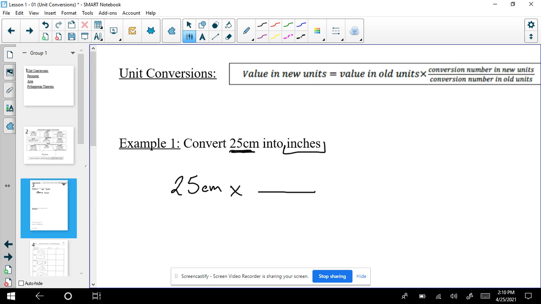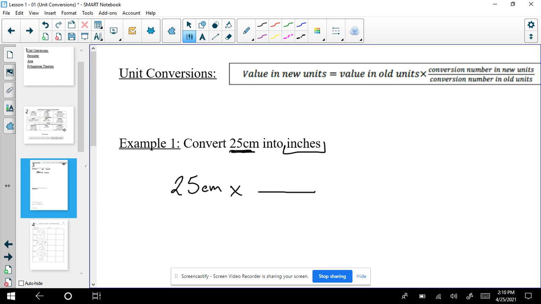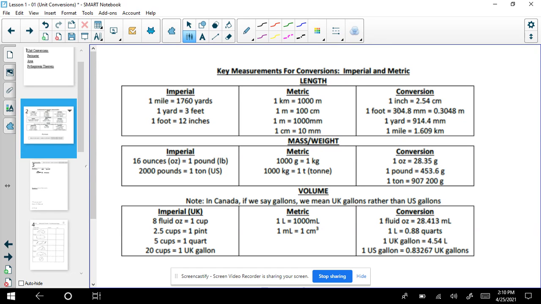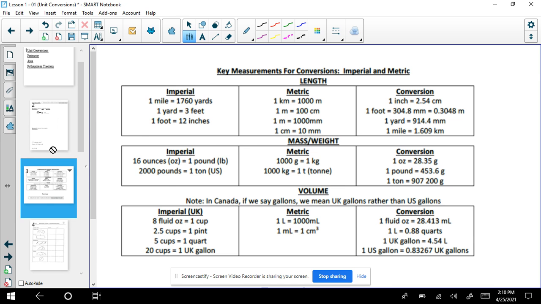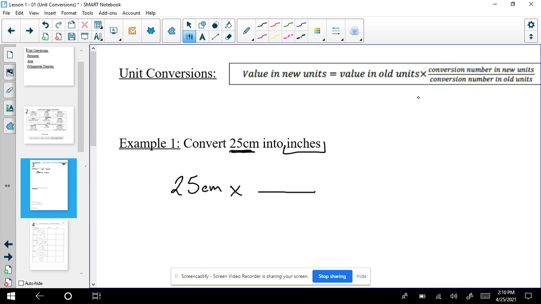So I have to go see what the conversion is from centimeters to inches. So I go back to my conversion chart and I take a look, and it's for every 1 inch, there's 2.54 centimeters. So I go back over here and I would put just up here for my brain, 1 inch equals 2.54 centimeters.